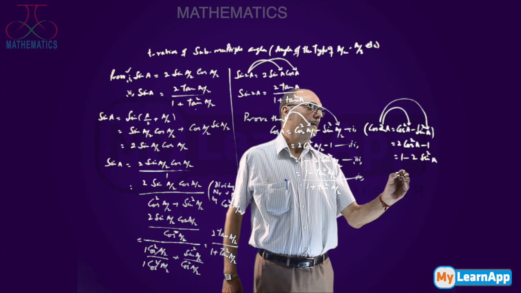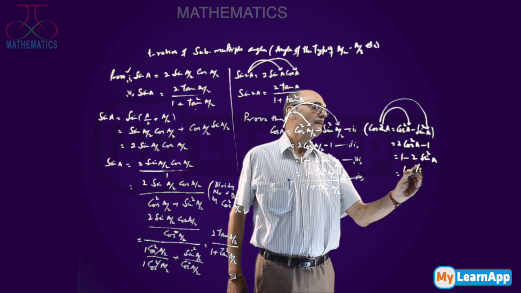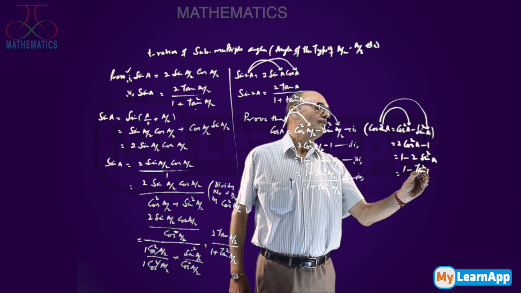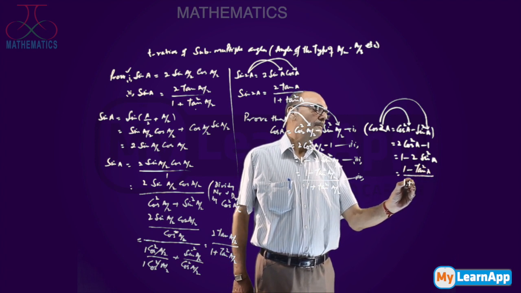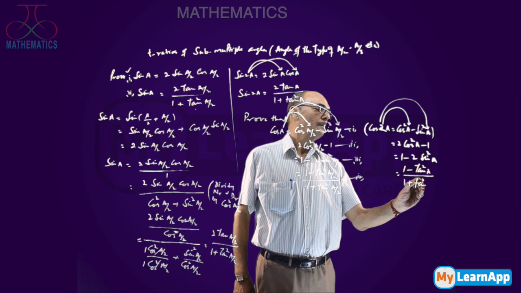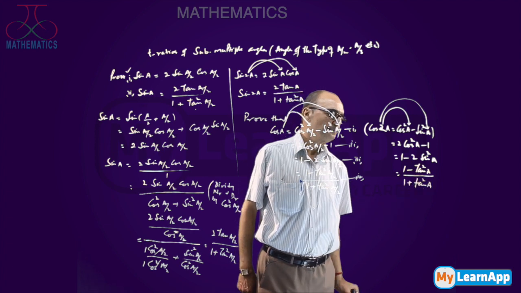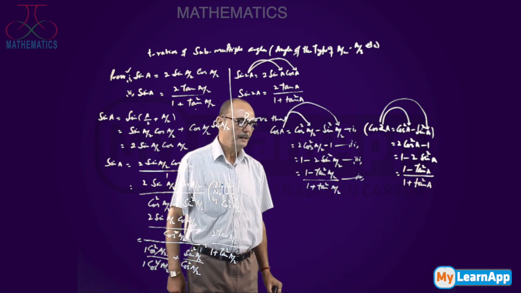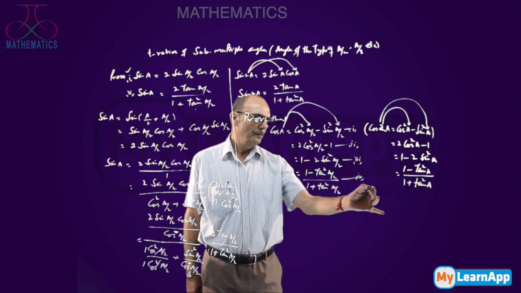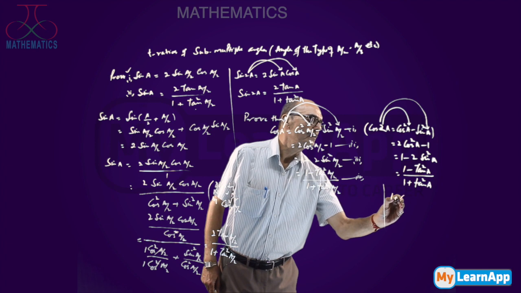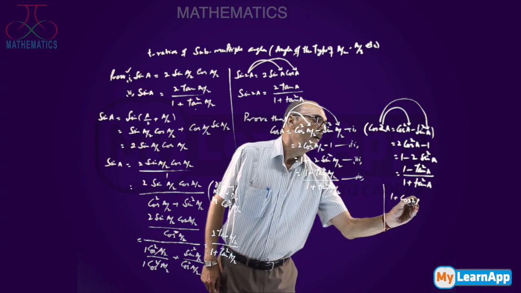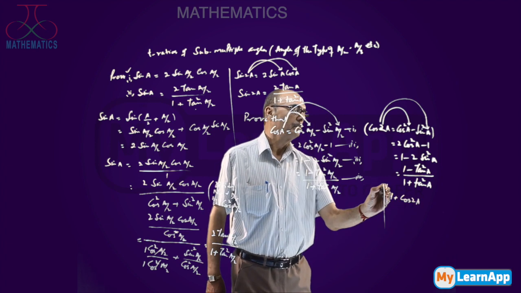And finally, 1 minus tan square a upon 1 plus tan square a. Then here we have a similar formula. We have 1 plus cos of 2a. Prove that.